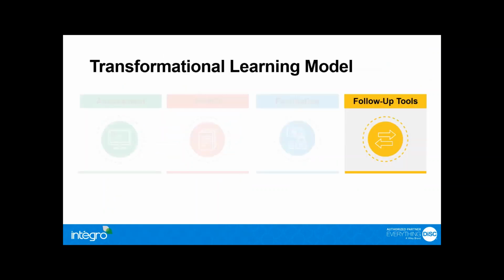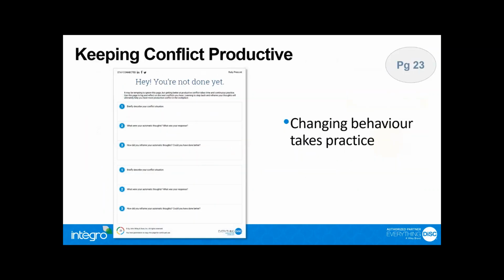Okay. So finally, the follow-up tools. On page 23 in the profile, which is the last page, which is headed up, hey, you're not done yet. You'll see there's 1, 2, 3, 1, 2, 3. And the first one is briefly describe your conflict situation. What were your automatic thoughts? What was your response?